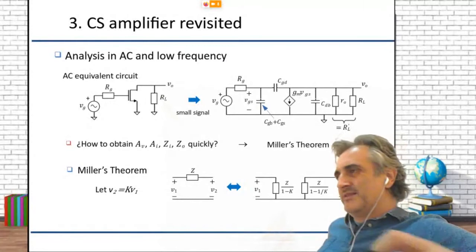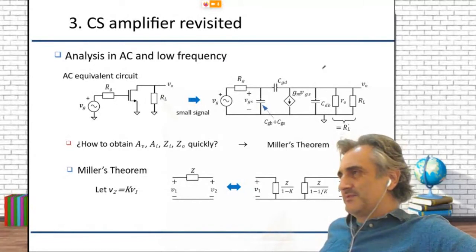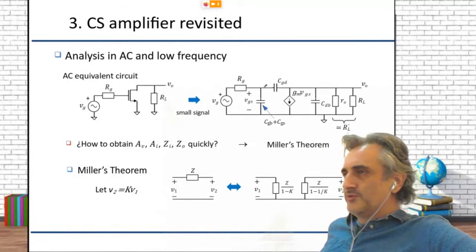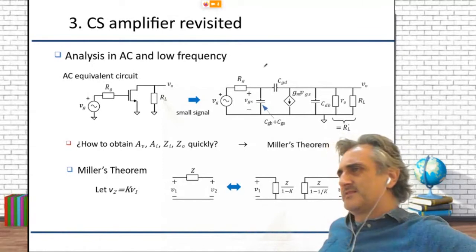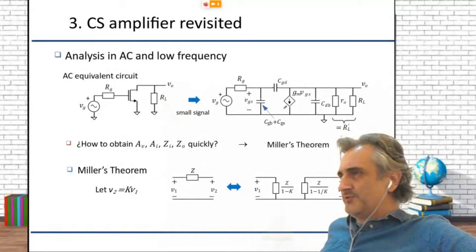We get this circuit for the low frequency. But then when we go to the small signal model, we find that here there are some strange things. For instance, here at the input, this capacitance is the addition of the gate to bulk and the gate to source.